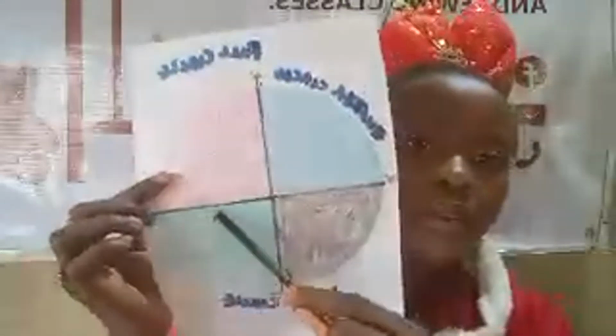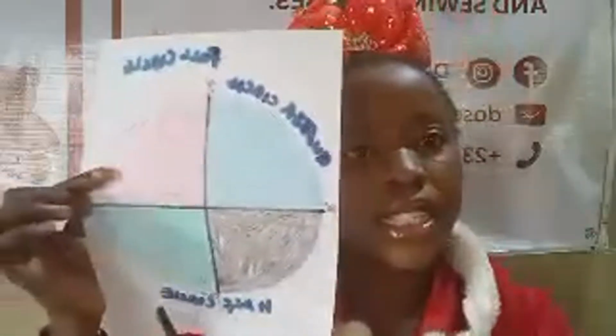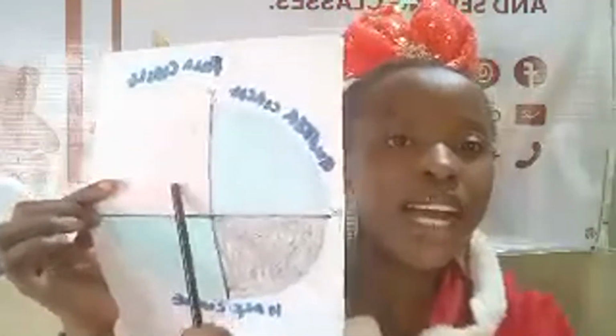Now, this is a full circle. To have a half circle, you take half of 360 degrees, which is 180 degrees. So the quarter is going to be 90 degrees.